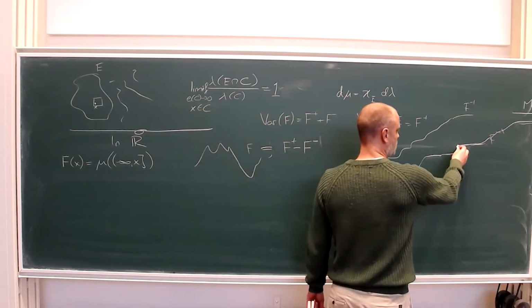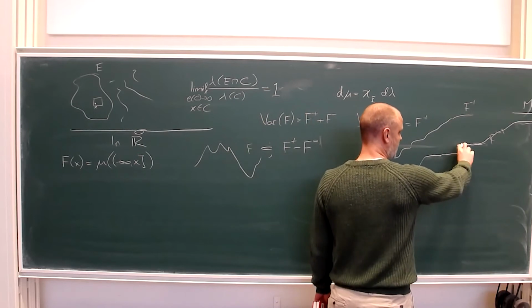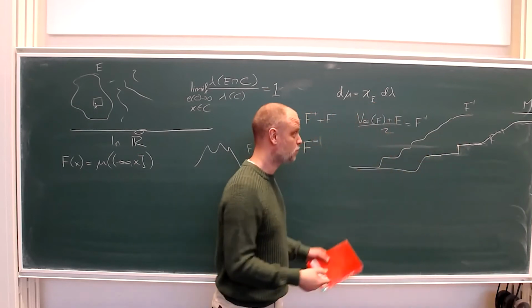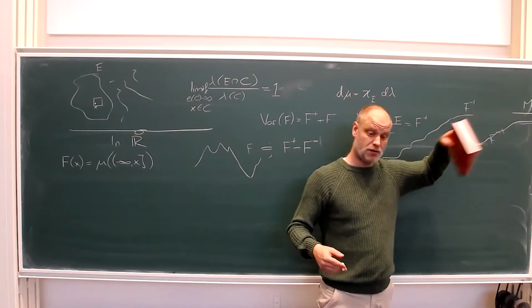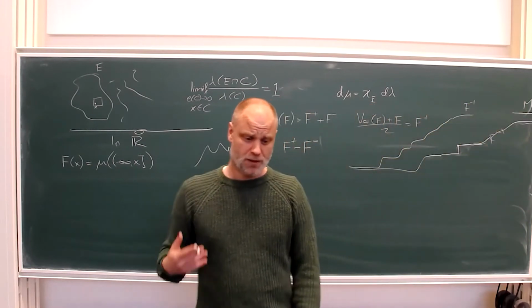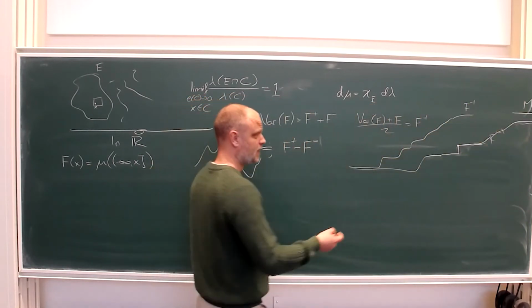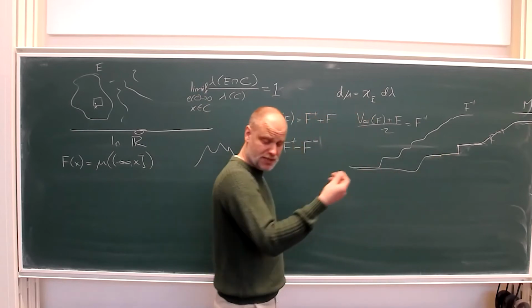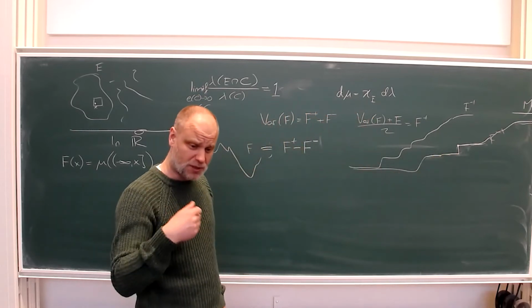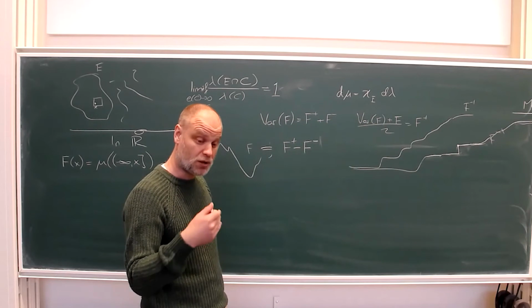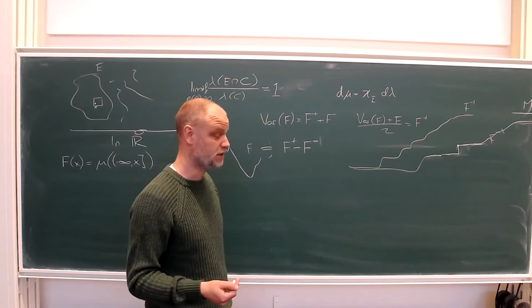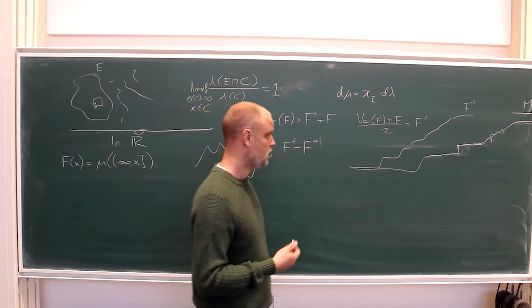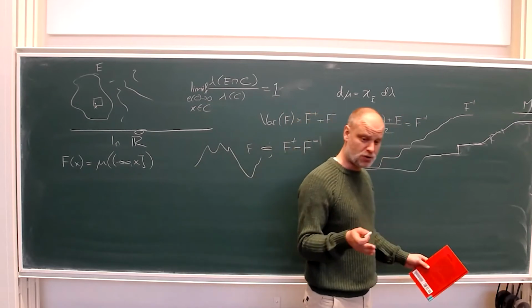Because if there are so many gaps of size epsilon that they go bigger than the roof here, that's impossible. And then you take the gap to be 1 over n, and you see that there are actually just countably many jump discontinuities. Now, countable, we like that.